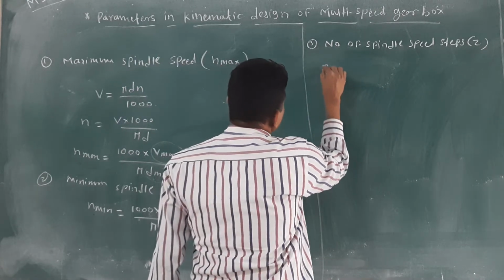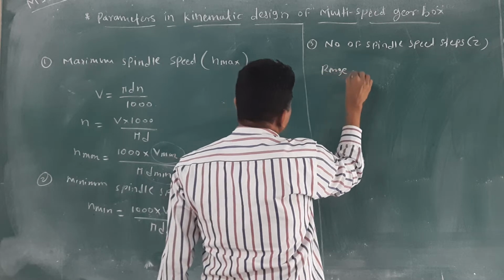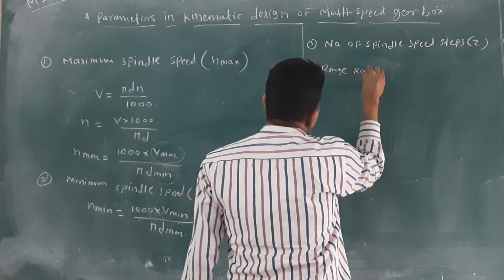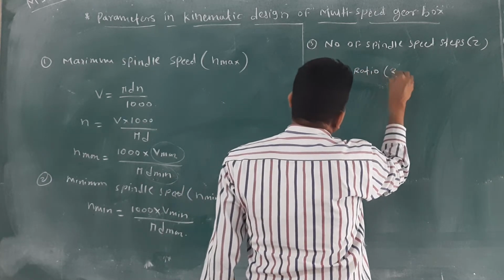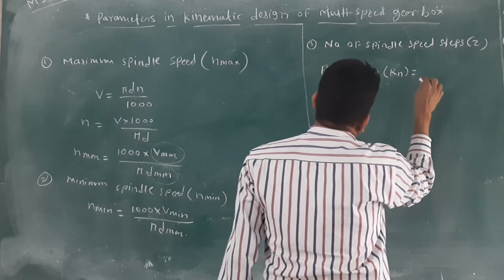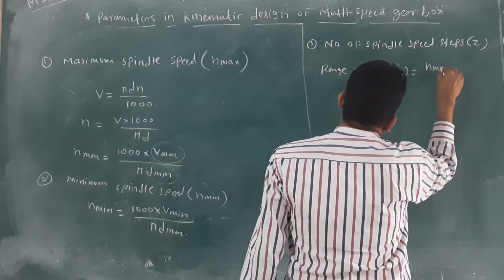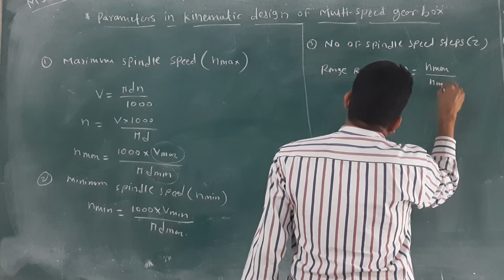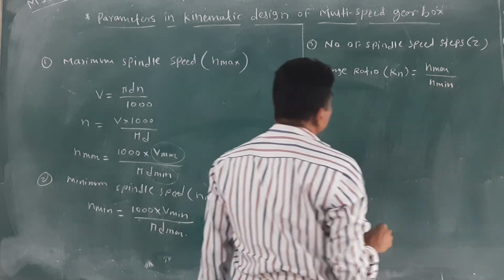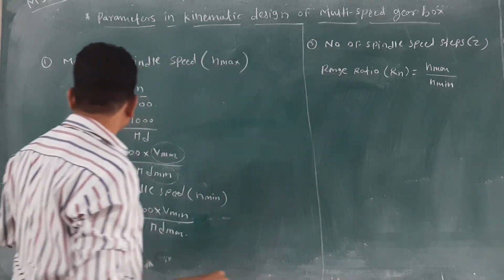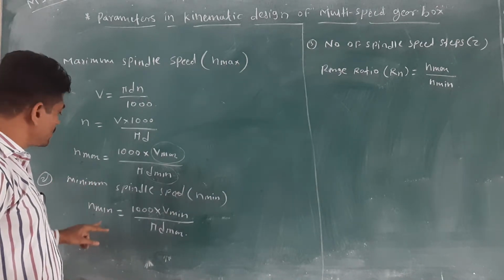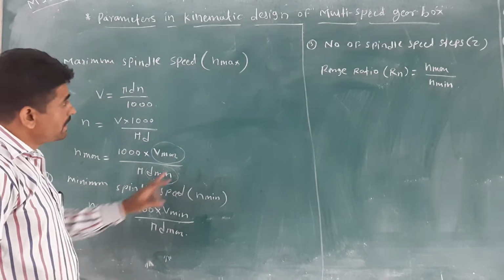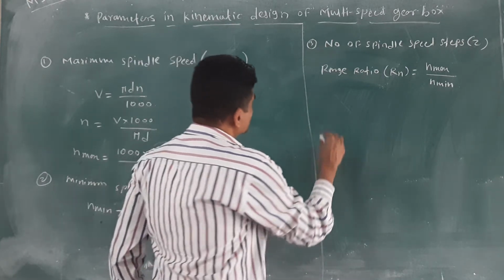Then what is the range ratio? I have already explained. It is denoted by Rn. It is the ratio of Nmax to N minimum. We have already calculated the maximum and minimum spindle speeds, so put these values in the equation.